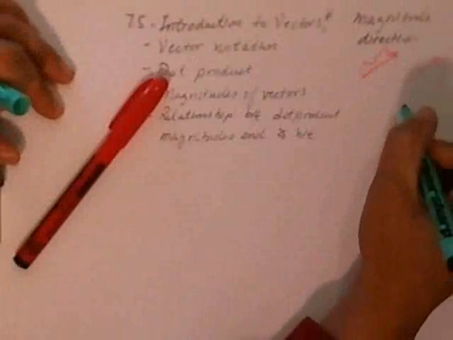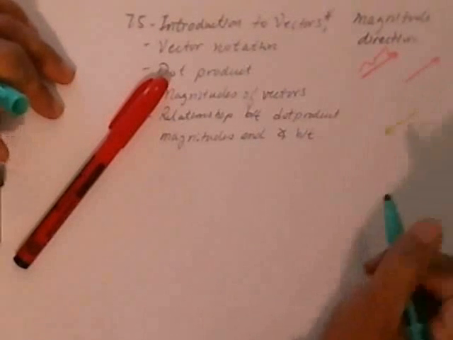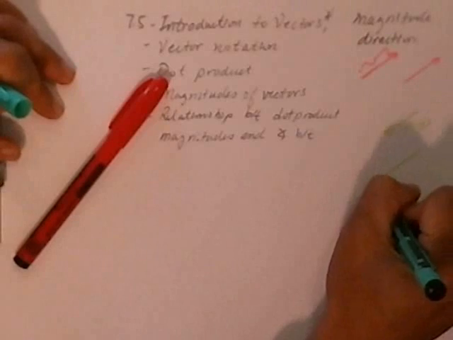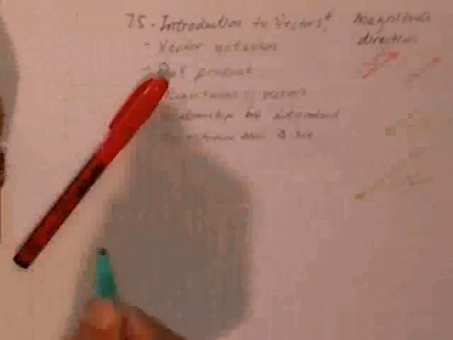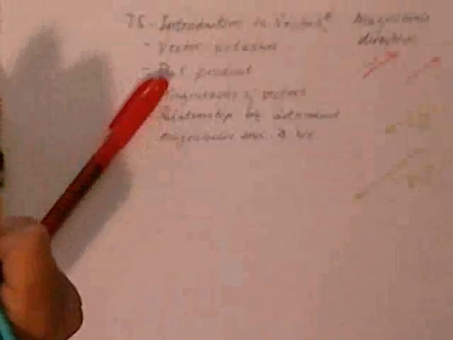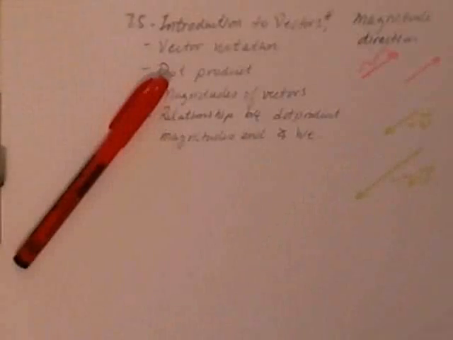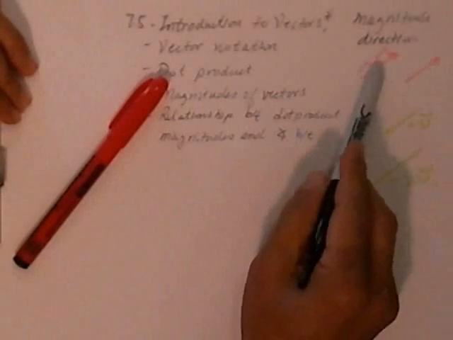Significantly, if I go like this, that's minus v. Or if I double it, that's minus 2v. Okay? And we always denote vectors with arrows. So again, the beauty of vectors is you can move it around.